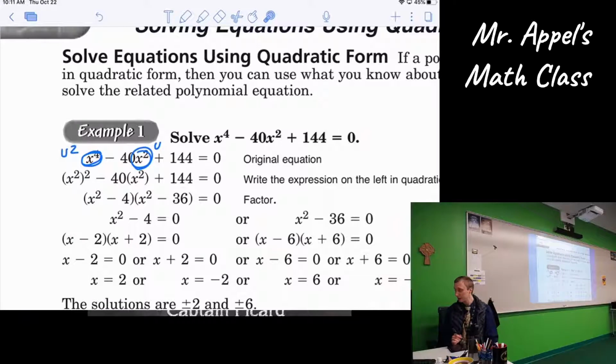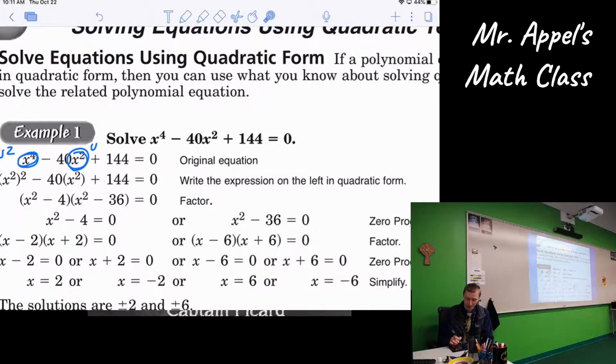It's now u squared minus 40u plus 144. Hey, we can factor that guy, in fact. Right? Factors of 144 that add to negative 40 are negative 4 and negative 36. Totally works. So you might get lucky, and you can even use your factoring tools here. Now, of course, this one is a little tricky in and of itself because both of these happen to be now difference of squares. So x squared minus 4, you get minus 2 and positive 2.